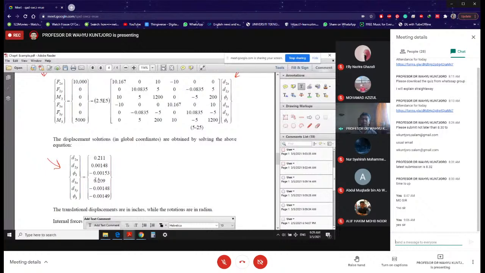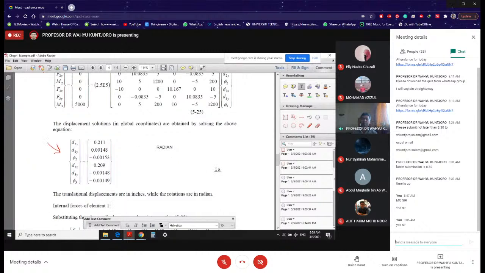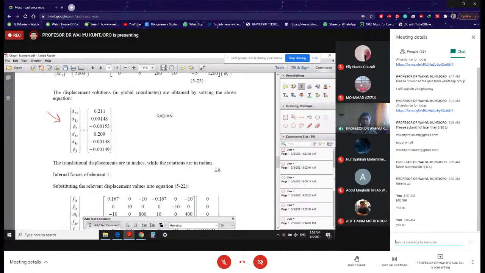The rotation is clockwise. So that is the idea. So it is in radian. So you see, that's the unit for the rotation, and you know the direction from whether it is positive or negative.